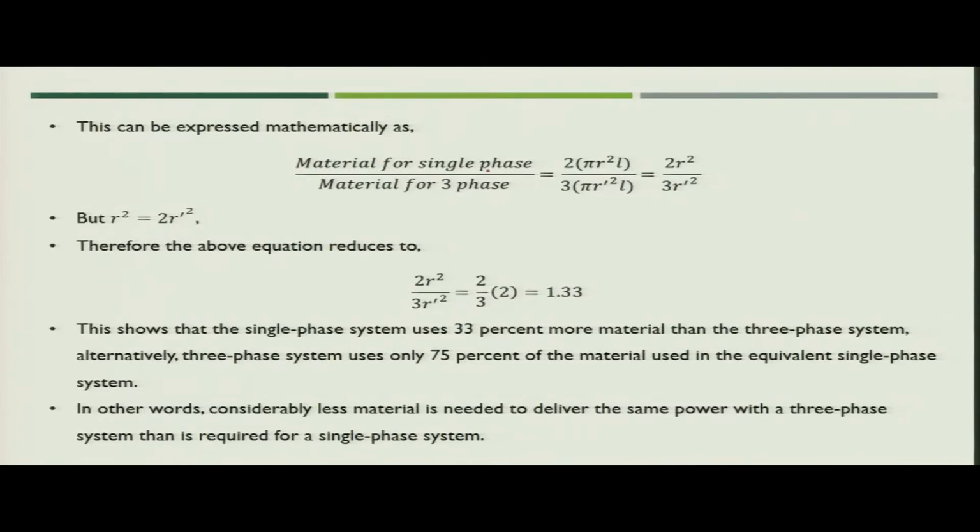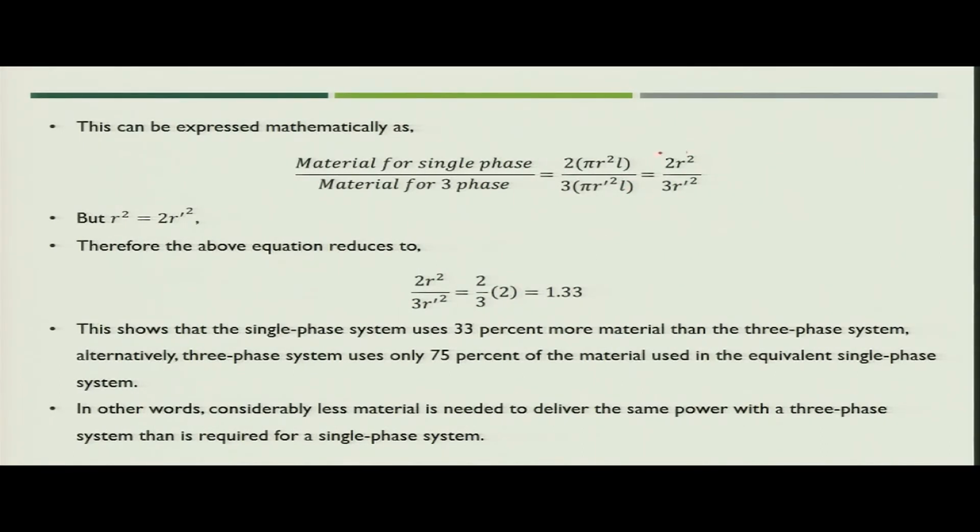Material for single phase, since we have 2 wires, we can write as 2 times the wire volume. The wire is cylindrical in shape, so the volume will be pi R square into L. And material for 3 phase, since we have 3 wires, we can write 3 times pi R dash square into L.